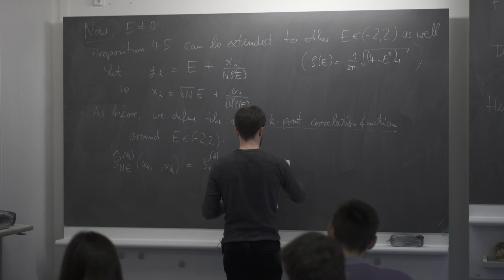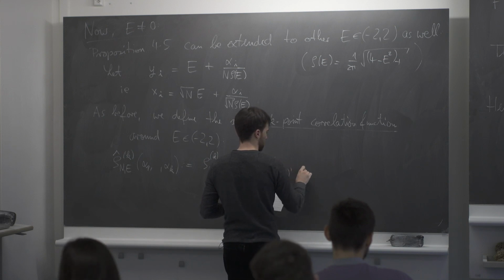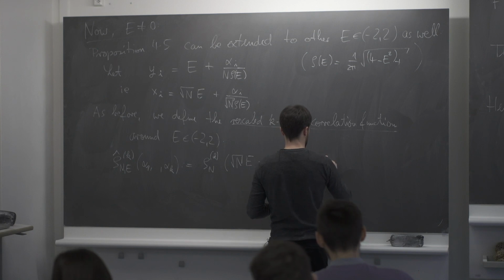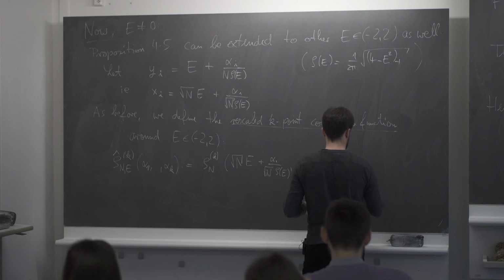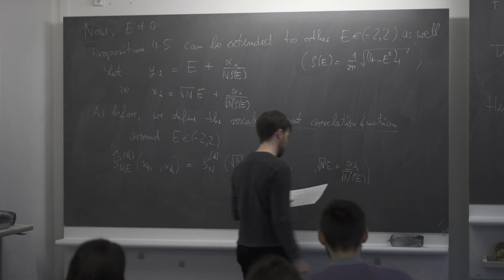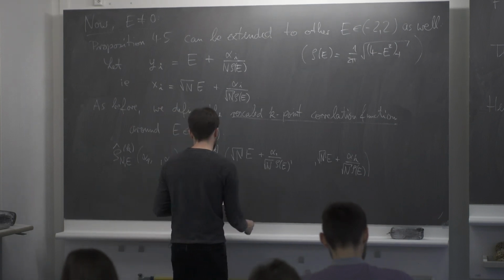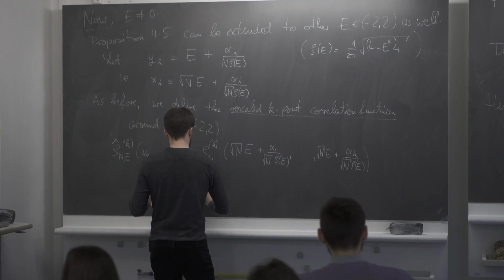So this is alpha 1 over square root n rho of e, then square root n e plus alpha k divided by square root n rho of e, and then I have the Gaussian weights, and so I have a product.